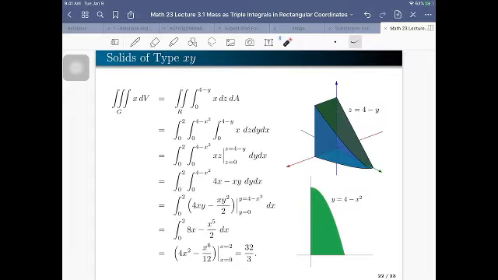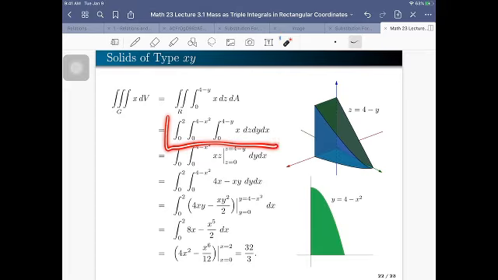You can look at this as a type 1 region. At any point xy, you have the lower limit and the upper limit. The lower limit is y equals 0, the x-axis. The upper limit is y equals 4 minus x squared. That's why you have these limits of integration over here. And x ranges from 0 up to 2. That's why you have 0 to 2 over there.